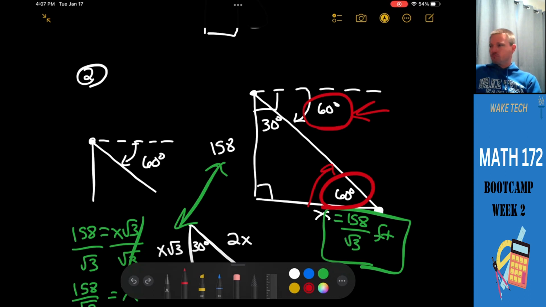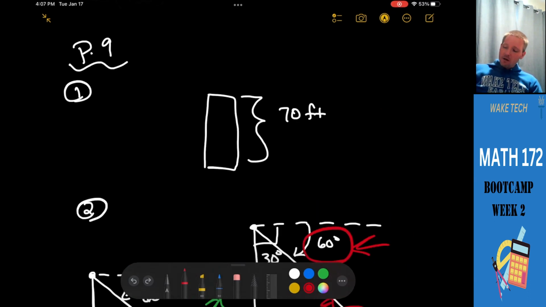Could we do the first question about the cat? Yeah. So what's happening there, I'm going to go back up to it. We have a cat 70 feet in the air. We have a fire truck that's 10 feet tall, and they have a ladder.